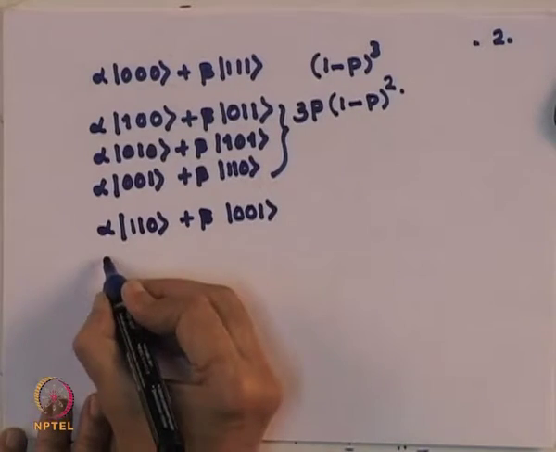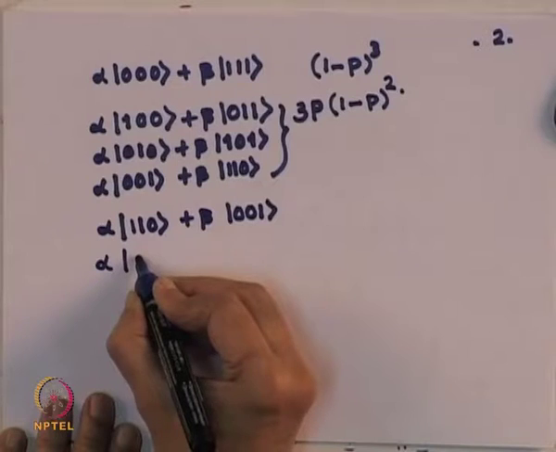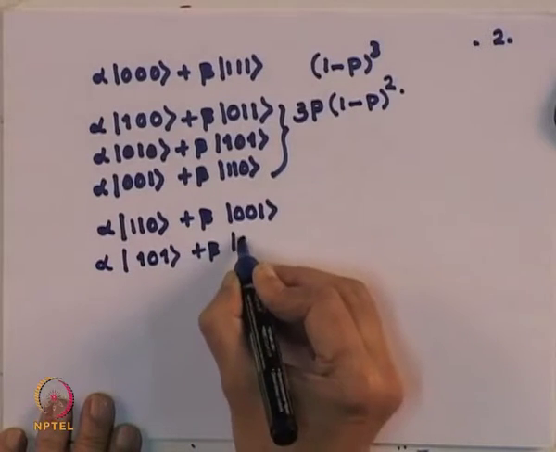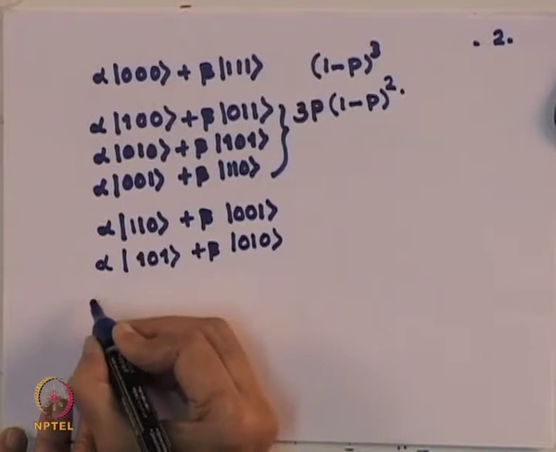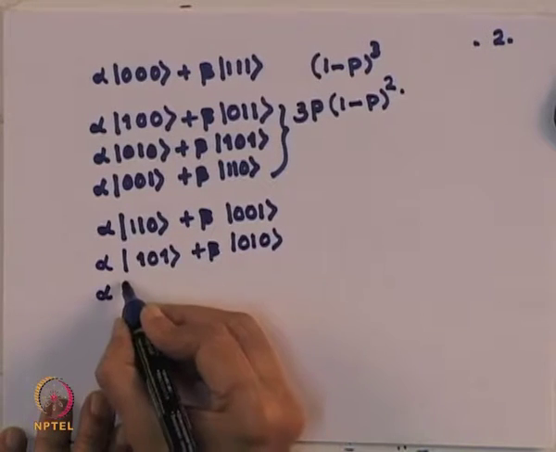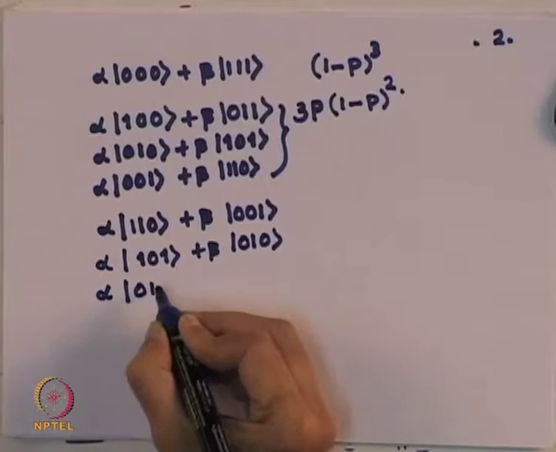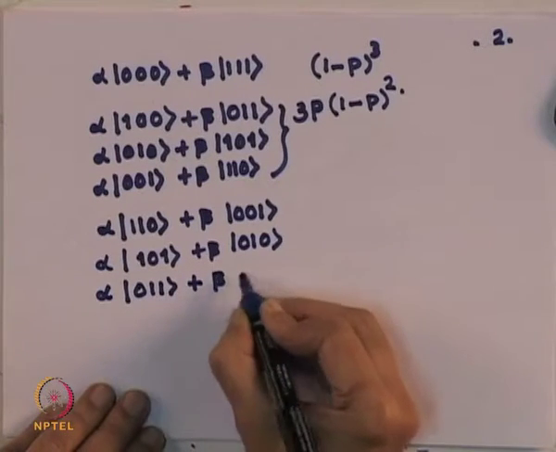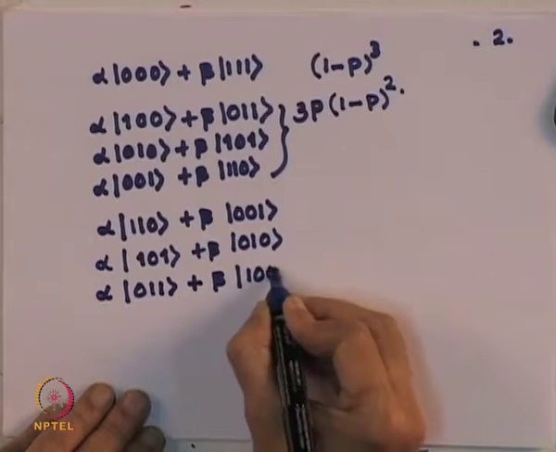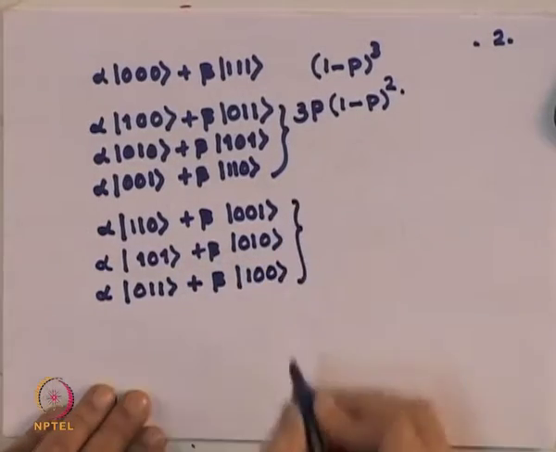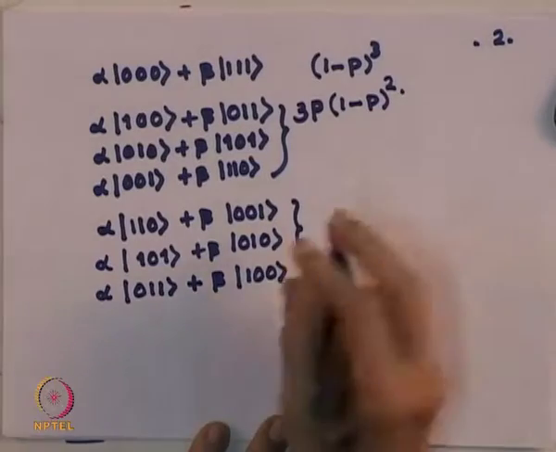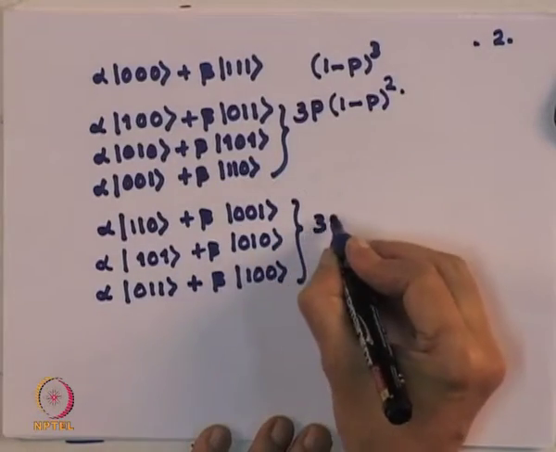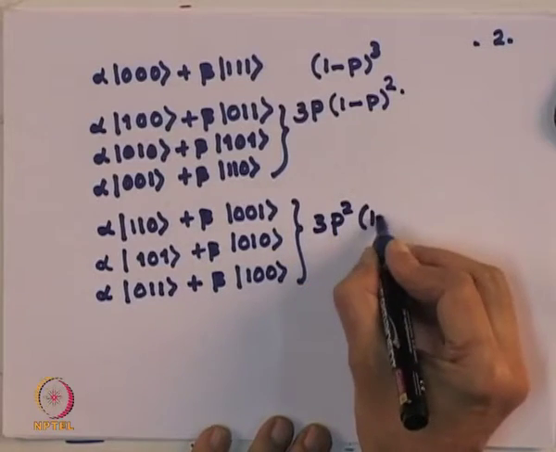If 1 3 gets flipped, I get alpha 1 0 1 plus beta 0 1 0, and if 2 and 3 get flipped, I get alpha 0 1 1 plus beta 1 0 0. And the probability of such a thing happening in each case is p square into (1 minus p). So, therefore, I get 3 times p square into (1 minus p).